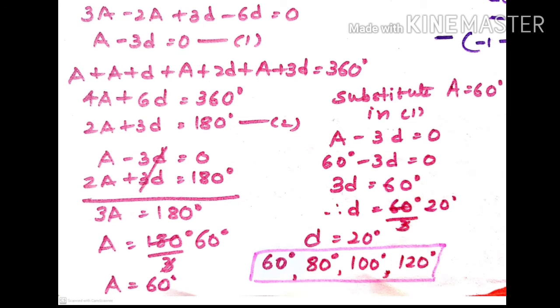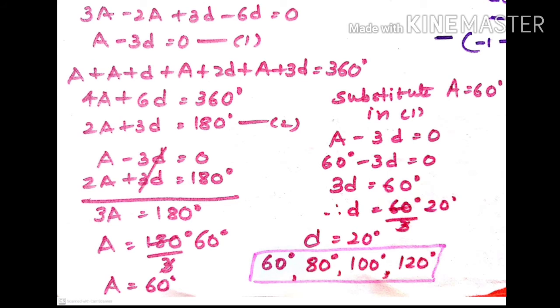Minus 3D plus 3D gets cancelled. 2A plus A, 3A is equal to 180 degrees. So A is equal to 180 degrees upon 3. So the value I found is 60 degrees. Now I found my angle A is equal to 60 degrees, meaning the first angle is 60 degrees.